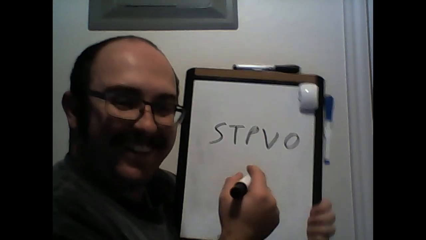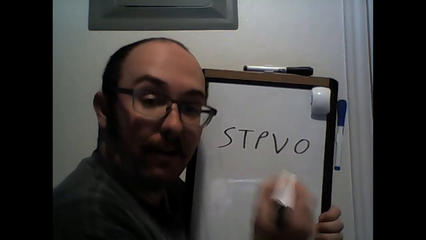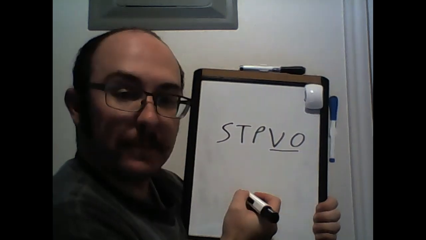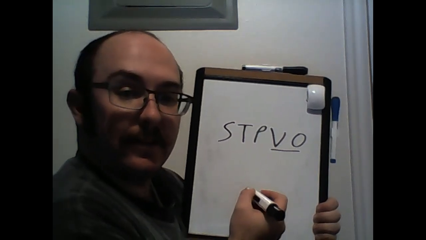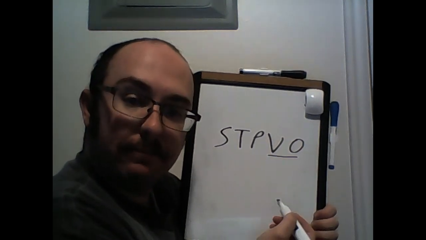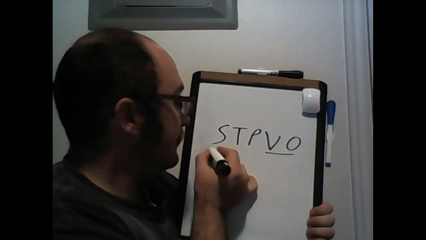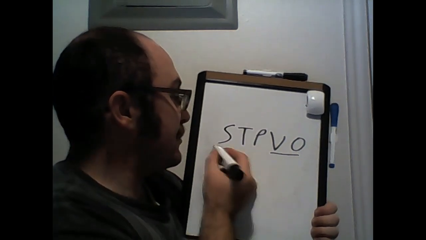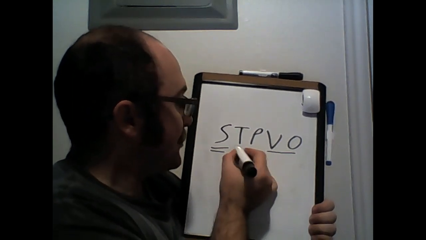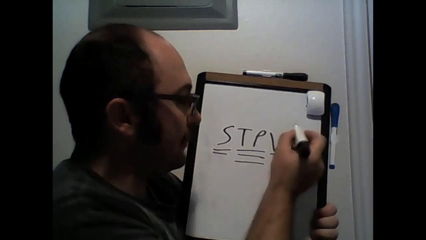No. So S, T, P, V, O. So the only ones that are necessary to always have in a Chinese sentence are V and O. This is your primary bit of a sentence. Your secondary is your S. And your tertiary are these. These aren't as important, but these are.